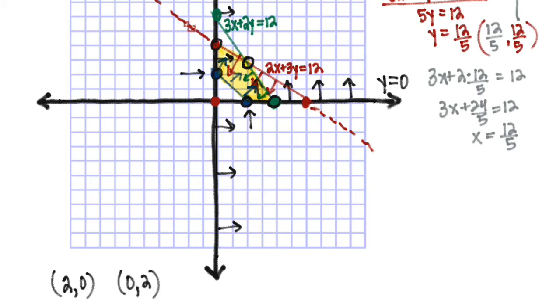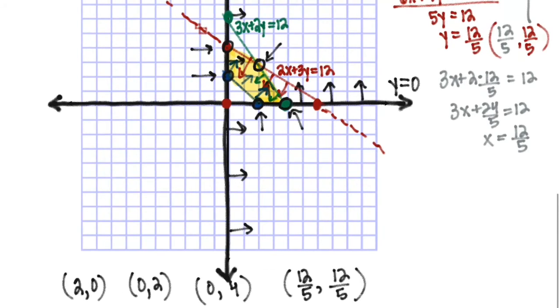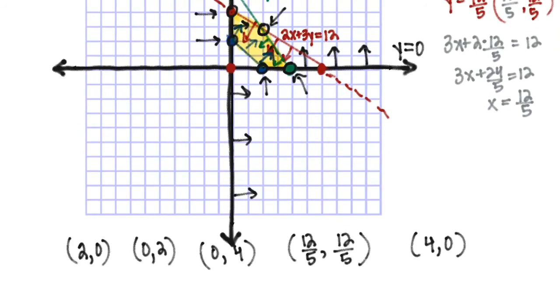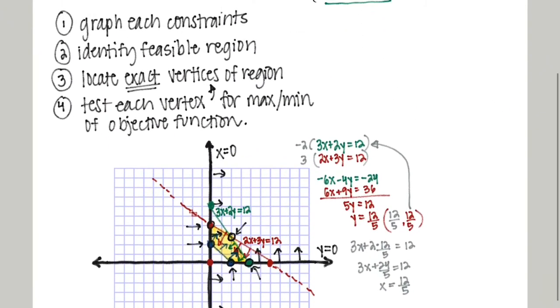It doesn't really matter where you start. The next one is 0, 4. The next one is 12/5, 12/5. And the last one is 4, 0. So 5 vertices.